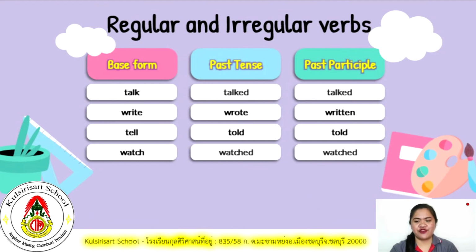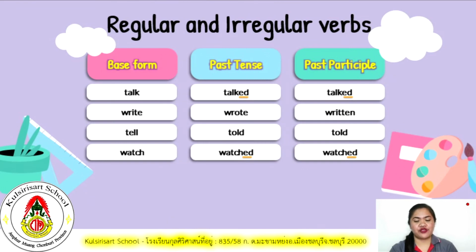We have the regular verbs talked. As you can see, you're just going to add ed when you change it to past tense and past participle. Of course, the irregular verbs are write and tell, with wrote and told.